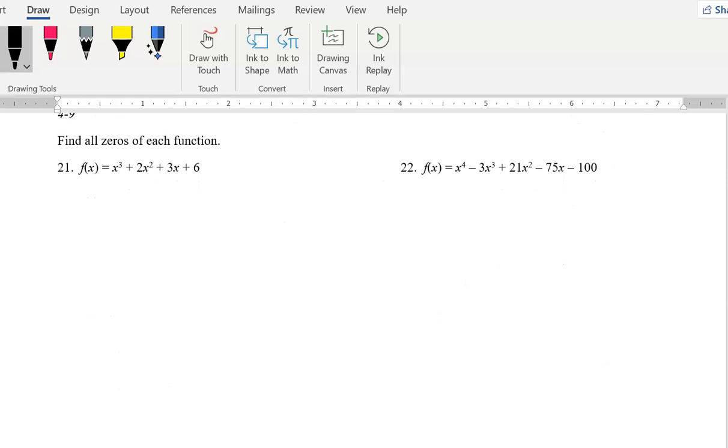Okay, finding the zeros. So this is the rational root theorem and synthetic division. So my potential possible rational zeros are all the factors of 6, ±1, ±2, ±3, and ±6. But if you notice, we talked about in class how there sometimes is a special pattern that presents itself, and it really saves us a lot of time in looking through all the possible zeros to find the actual one.